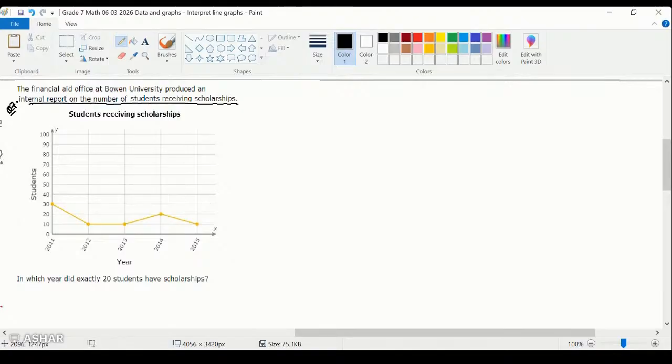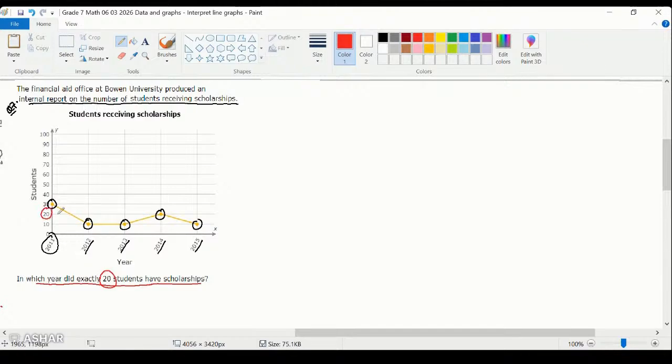So in 2011, there were 30 students, 12, 20, 10 students, 10 students, 20, and 10 students, right? So in which year exactly 20 students got scholarships?